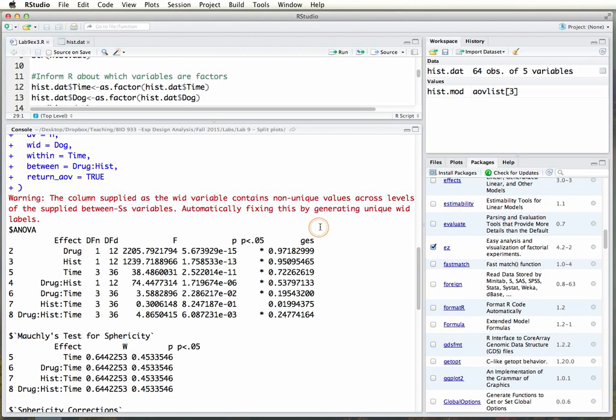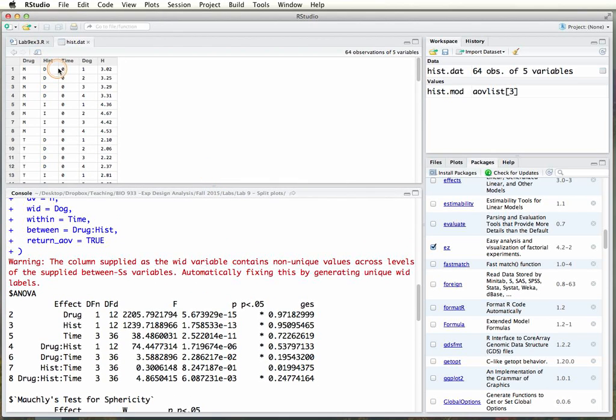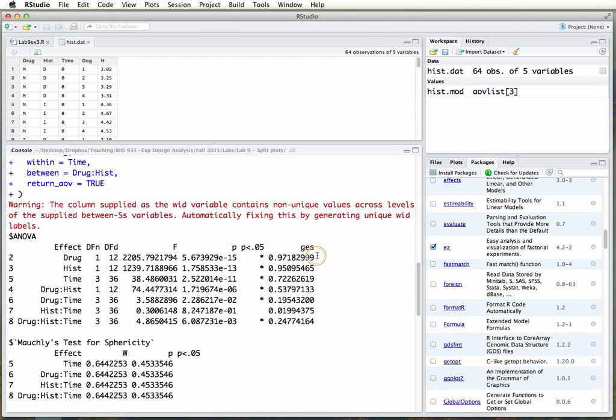What it's saying is I talked about dog 1 through 4 for MD, and then I talked about dog 1 through 4 for MI, and I didn't use different ID variables. But R knows what's going on here because MD is different from MI, so this combination of MD1 and MI1, R knows that those are different experimental units, and so it's corrected that. It's automatically fixing that by generating unique ID labels.